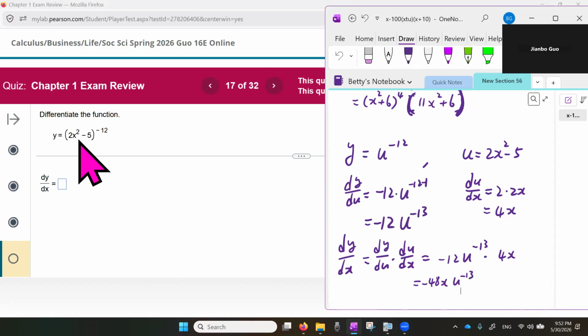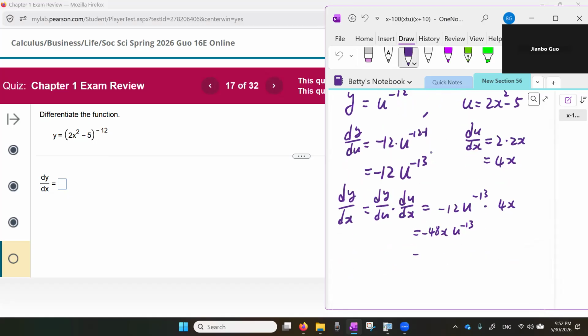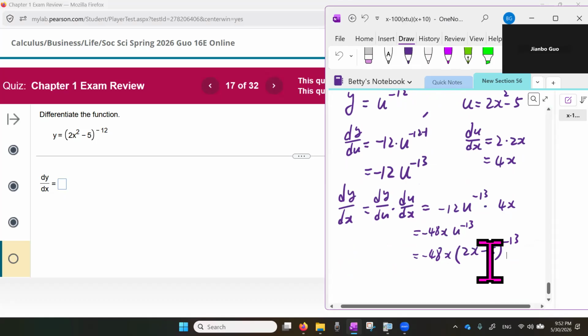U did not exist in the problem, right? So we have to go back to x. Negative 48x, and u is (2x squared minus 5) to the power of negative 13, because negative 12 minus 1 is negative 13. 4x times negative 12 is negative 48x.